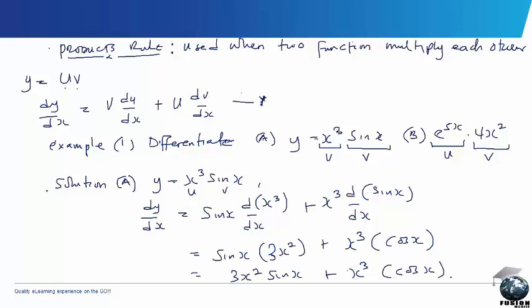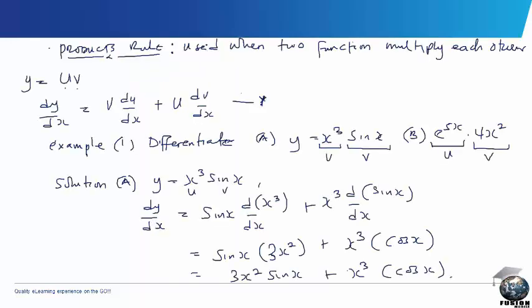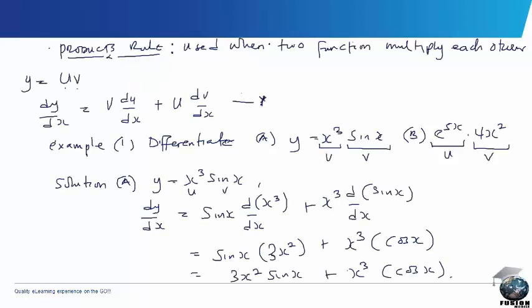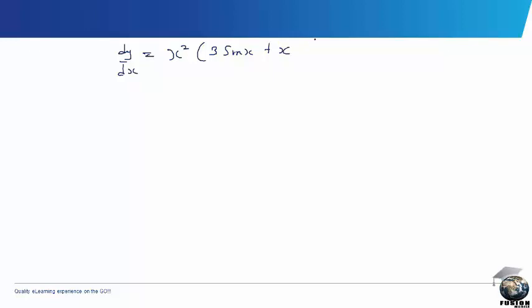You find out that x squared is common between the two terms, so you can say that dy/dx is equal to x squared into 3 sine x plus x cos x, and so this becomes the final outcome for this computation.